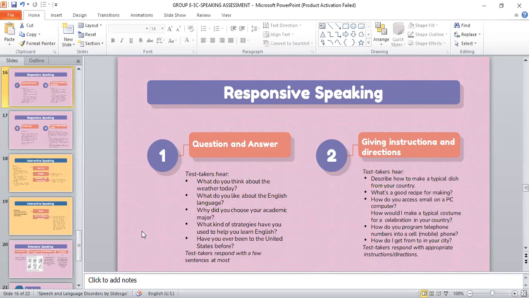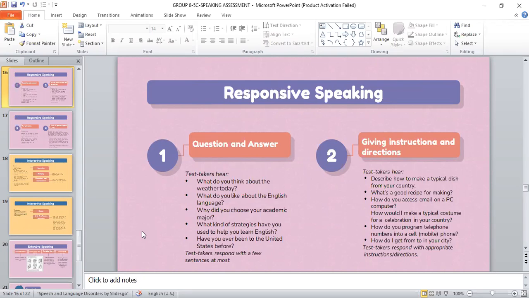And next is responsive speaking: brief interaction with an interlocutor, differing from intensive tasks in that the test taker is given more creative freedom, and from interactive tasks in that the duration of utterance is limited. You can see on your screen and can read by yourself the examples of question and answer and giving instructions and directions.